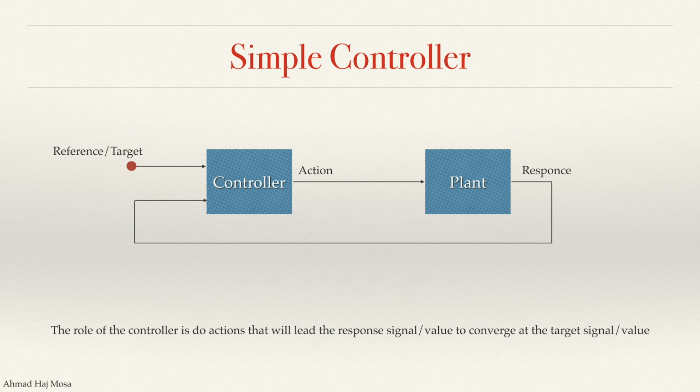So the model takes an input, the thrust or the throttle, and basically generates the speed of the car. So in this simulated car that we are using in our simulation, the plant is already modeled. So we have a mathematical model, mainly differential equations, that basically model the relationship between the throttle and the speed as an output.